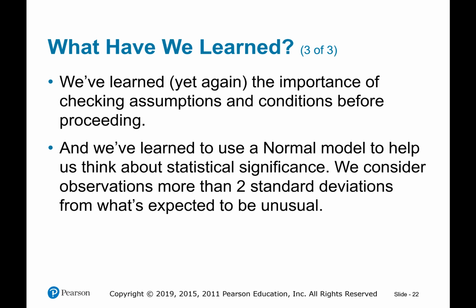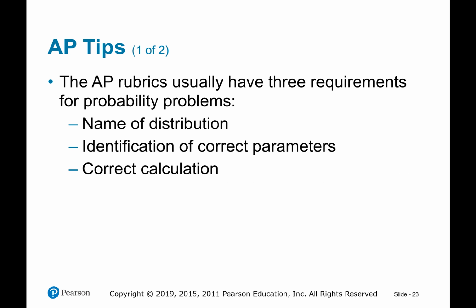Yes, there are certain conditions that have to be checked, and you've got to write that out to demonstrate your understanding of it. Anything more than 2 standard deviations from the expected value is unusual. Name the distribution.